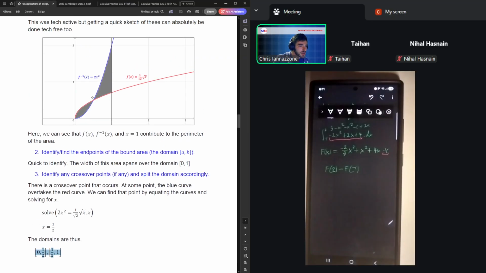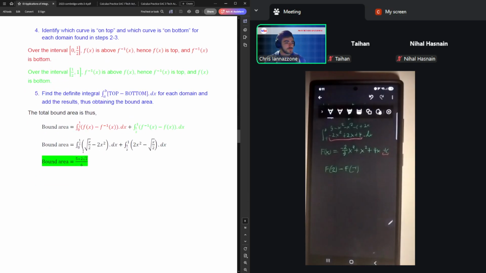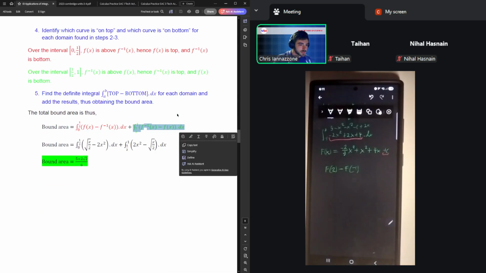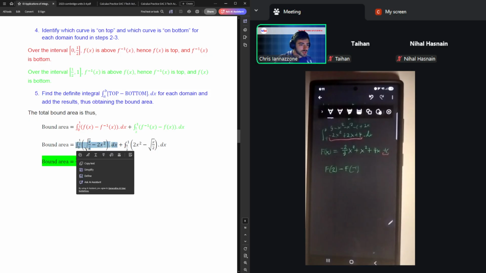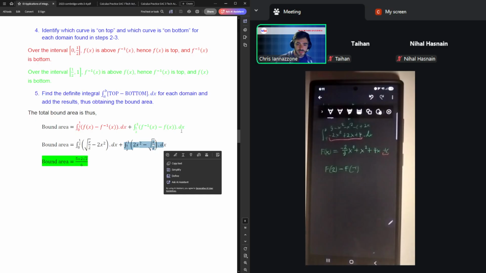Thus, we're now going to split it up at x equals a half, right? So 0 to a half is going to be red over blue. Half to 1 is going to be blue over red. So we do exactly that. Evaluate these individually. And as you can see, each of these on their own is already fairly lengthy in the arithmetic.